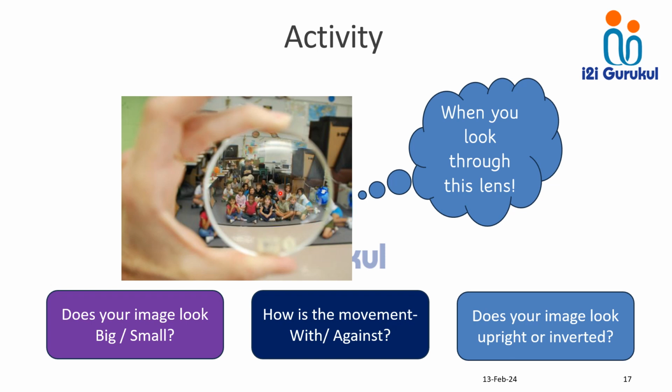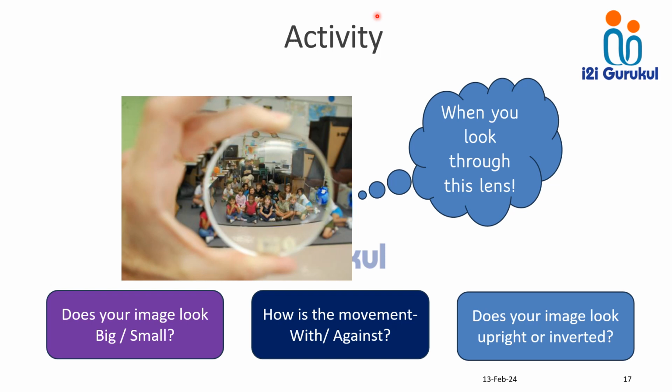You can just check with your minus lenses and plus lenses. When you hold a hyperopic lens, that is the plus lens or converging lens, the image is magnified. The movement of the object through the plus lens shows against movement.